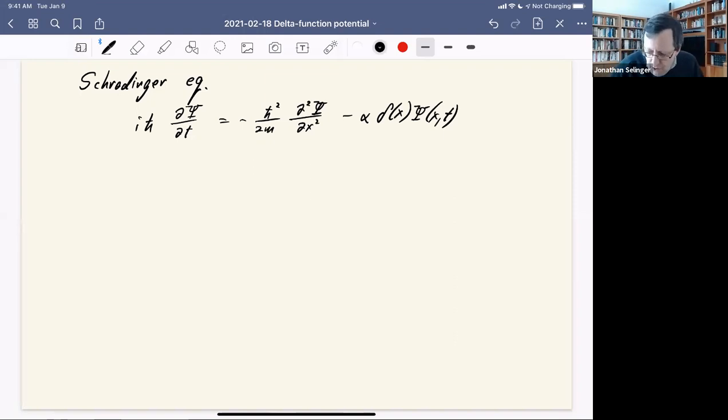Okay, so the beginning of this solution is the same as always, right? That is, we do separation of variables.